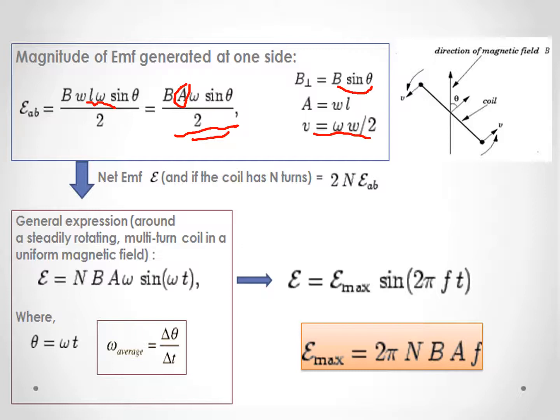After that, the net EMF flowing through the coil is 2 times the EMF of one side. And if the coil has n turns, we will get the equation 2n times the EMF of one side.